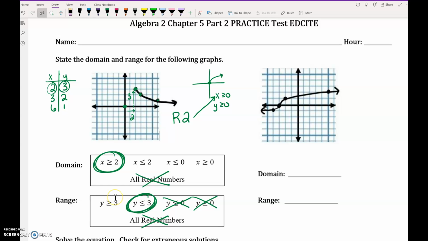This next one is a cube root graph. And any cube root graph, regardless of whether it's moved up, down, left, right, flipped, whatever, the domain and the range are always all real numbers. And this is designed in the system so that if you type in all real numbers, capital or lowercase, it should count as correct.